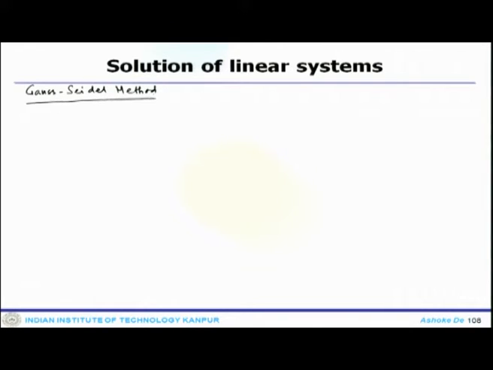So that is the second one, and this is another popular method which can be slightly better than Jacobi because it has better convergence characteristics over Jacobi, and also it uses less memory. So memory wise also it is less expensive.